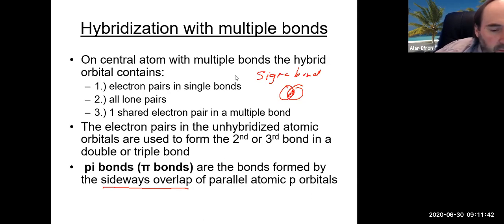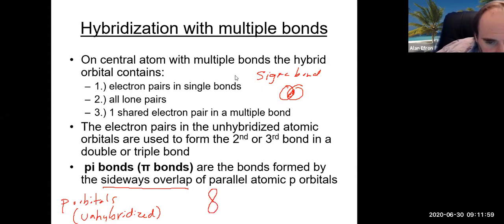So when we get orbitals that overlap sideways, that usually is from unhybridized p orbitals. So when you think of a p orbital, again, it looks like this. And if we have 2 p orbitals, instead of them coming straight at each other, they overlap sideways, above and below the plane of the molecule.